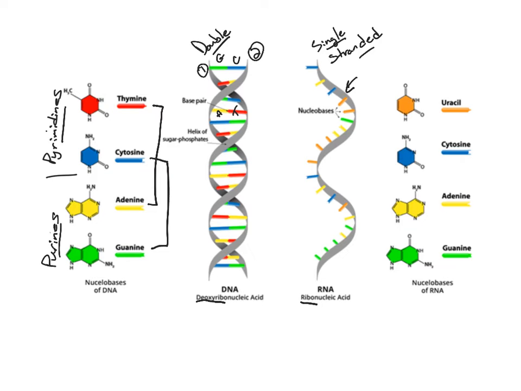Another big difference is that in DNA, you have a T. In RNA, you have a U. So that U replaces a T. You'll see here, this is not a T, it's a U. Now when they match, the U always matches with an A, and the C still matches with a G, and the G still matches with the C, and the A this time matches with a U. So there will be matching, and you'll see it when we do it.